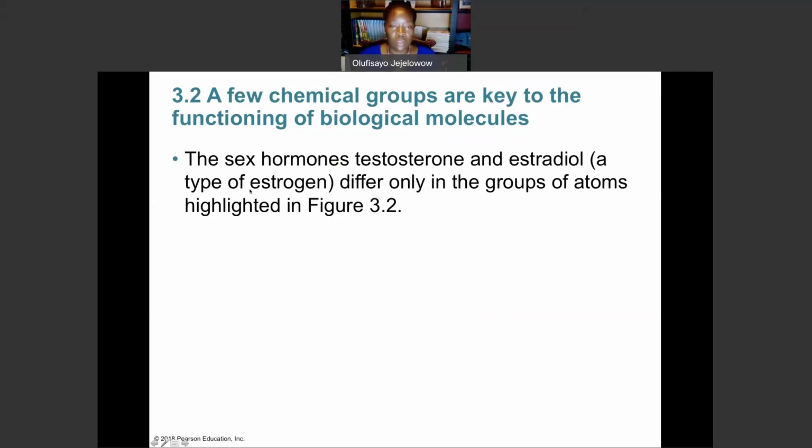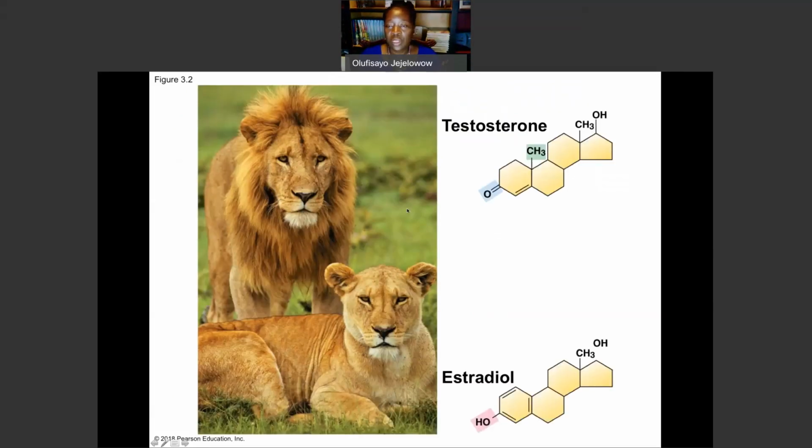As we saw in an image earlier, the sex hormones, testosterone and estradiol, this is a type of estrogen. So male, female hormone. They differ in the groups of atoms that are shown here. So this is testosterone, this is estradiol. These are ring molecules.